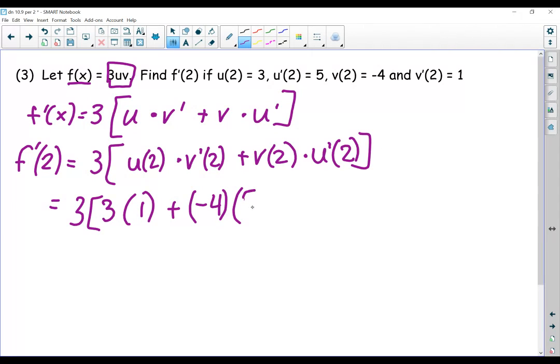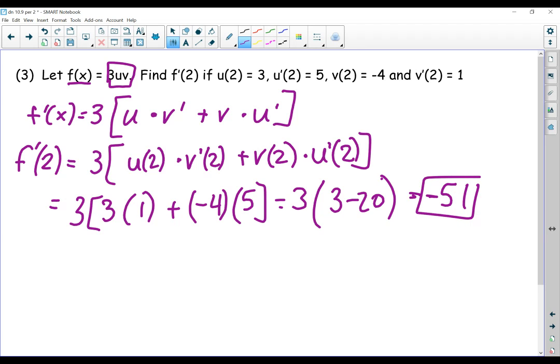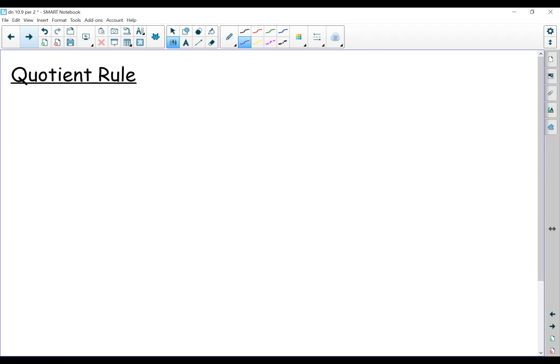U prime of 2 is 5. I end up with 3 times 3 minus 20, which is going to give me negative 17 times 3 is negative 51. Or 9 minus 60 if you distribute it in. Okay, so just different ways to do the product rule.